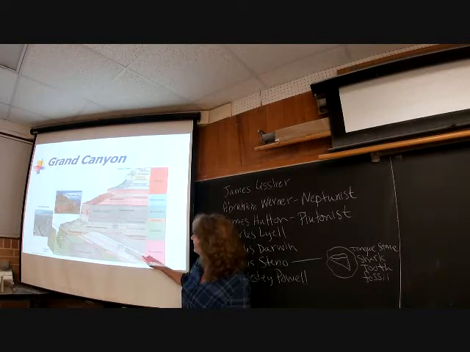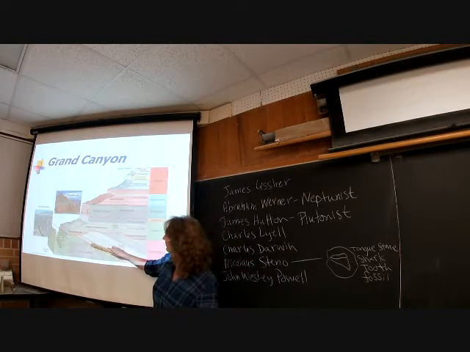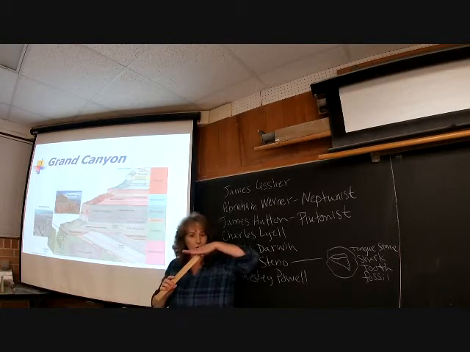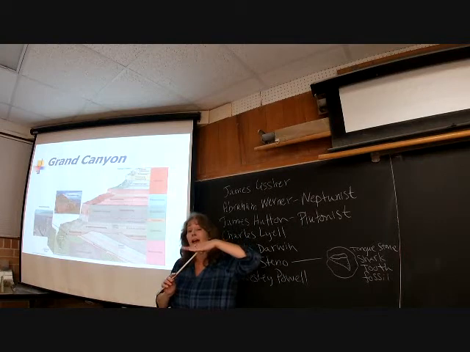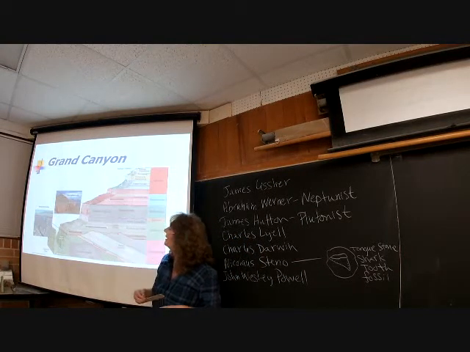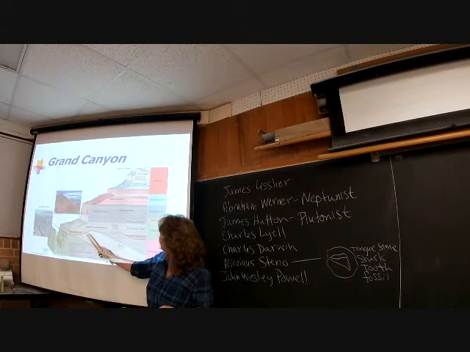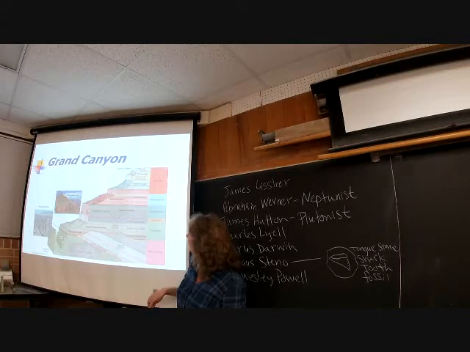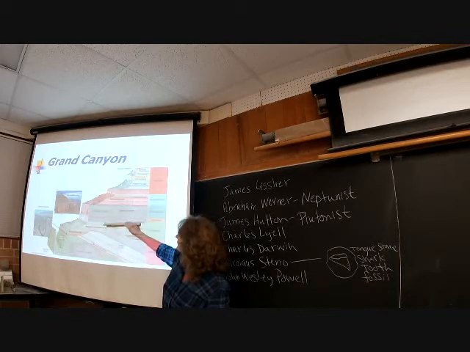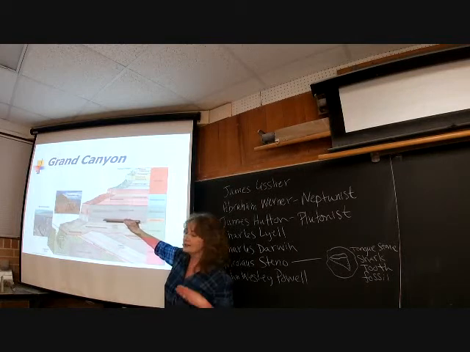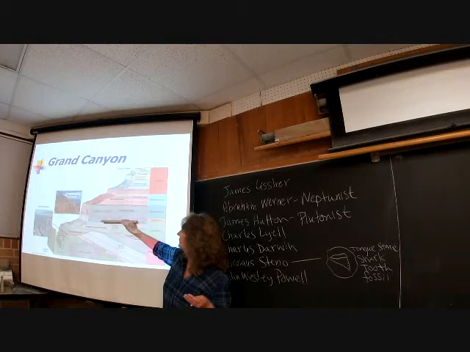Here you have the angular unconformity. You've got this layer coming in at an angle, with more flat-lying strata over the top, the shale above that. So right along there, you've got an angular unconformity. Up in here, we've got some limestone, and then you see that line there. That's the gap in the rock record, the unconformity.